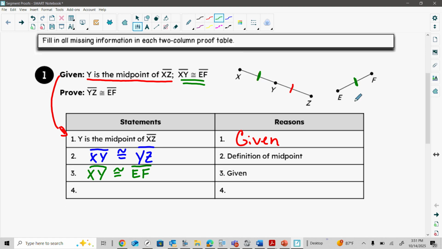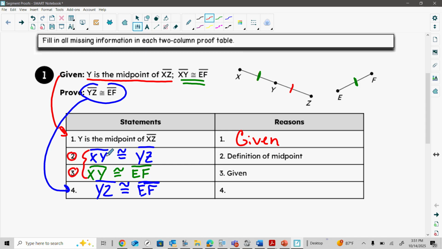And then I'm going to combine these two to complete my last statement, and my last statement is always what we're trying to prove. So it says right here, it has to go on line 4: segment YZ is congruent to EF. And if I look, they have right here in lines 2 and 3, if I combine these together, they have the XY in common.